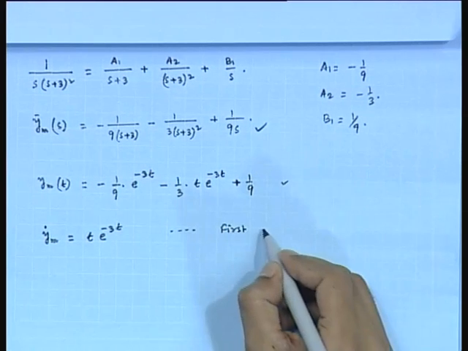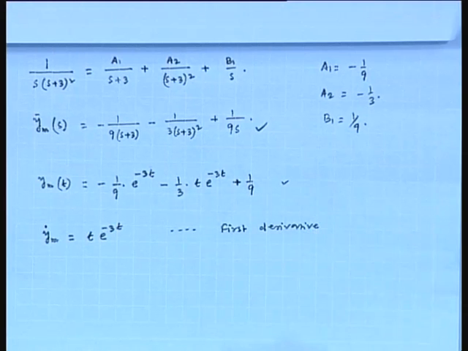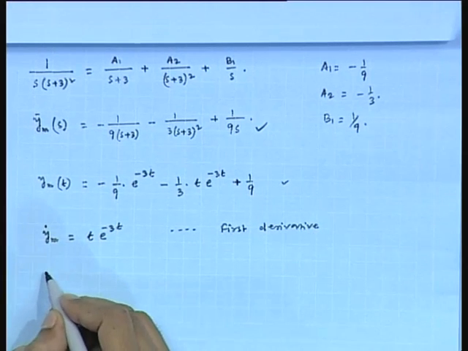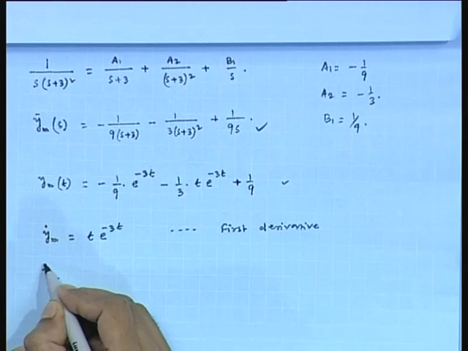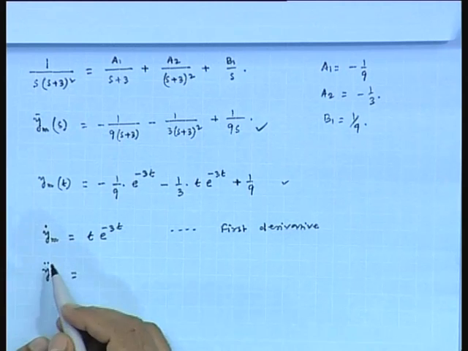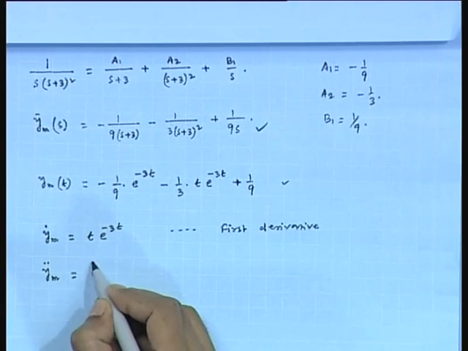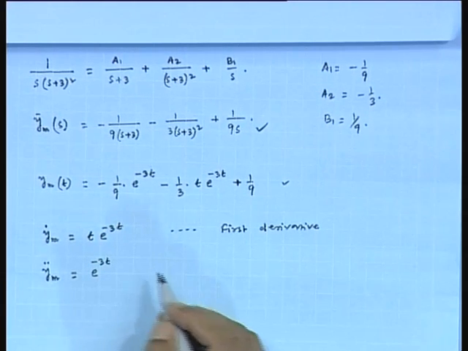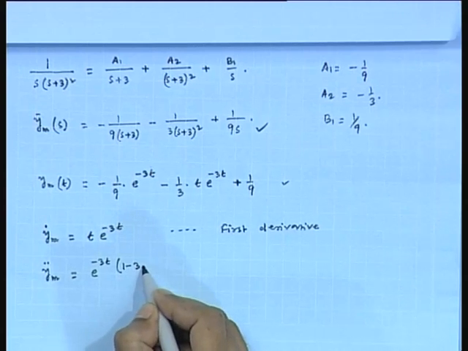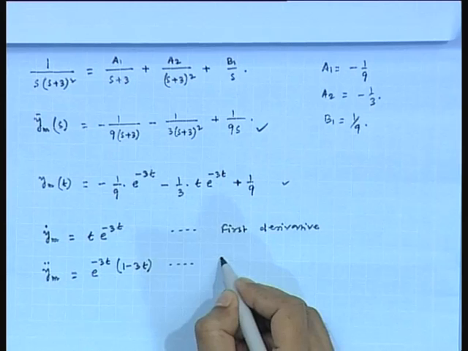Check this. This is the first derivative. Now, the second derivative we obtain as ym double dot equals exponential of minus 3t times (1 minus 3t). This is the second derivative.